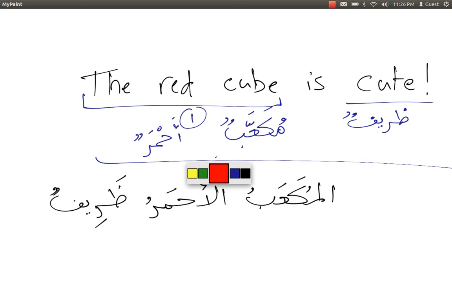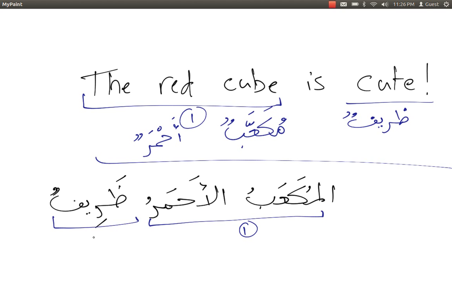Now just notice something. I will keep track of the first part and the second part of my translation. Okay, because now I'm going to make this in the past. Okay, the red cube was cute.